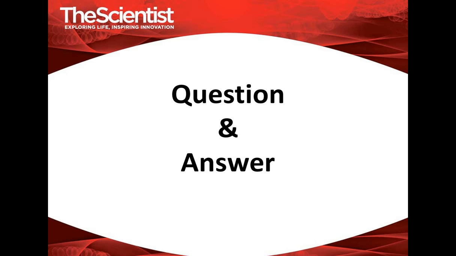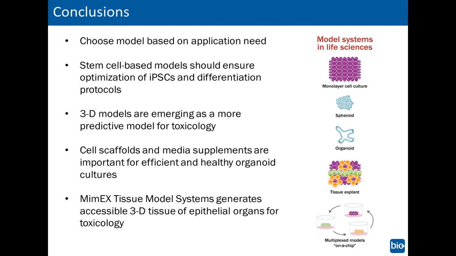They appear to have a very strong predictive power, so somewhere on the spectrum here, I think at the end I mentioned it. They're a great model system. We believe that MimEX can be comparable to tissues on chips. The one thing that MimEX doesn't currently do is multiplex multiple organs on the same chip, but we're working on this, and this should be possible in the future as well.